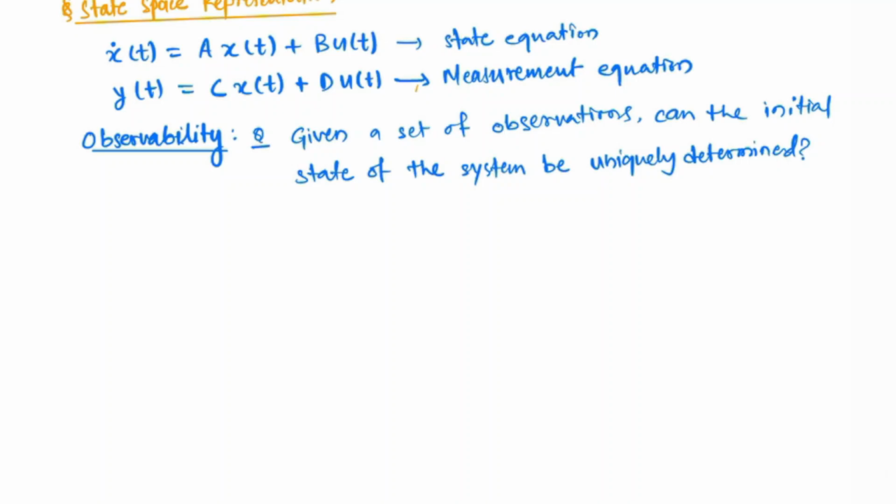So say you have a set of n measurements, and if I may write the same state space representation in discrete form, just for ease of understanding, although the argument is exactly the same.